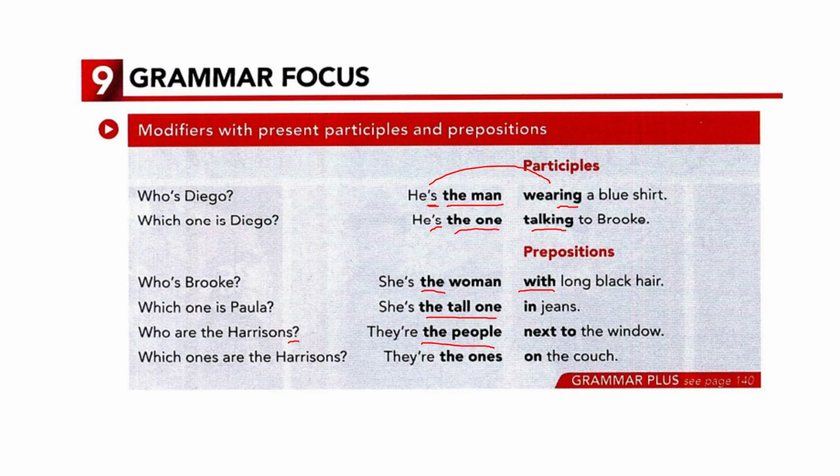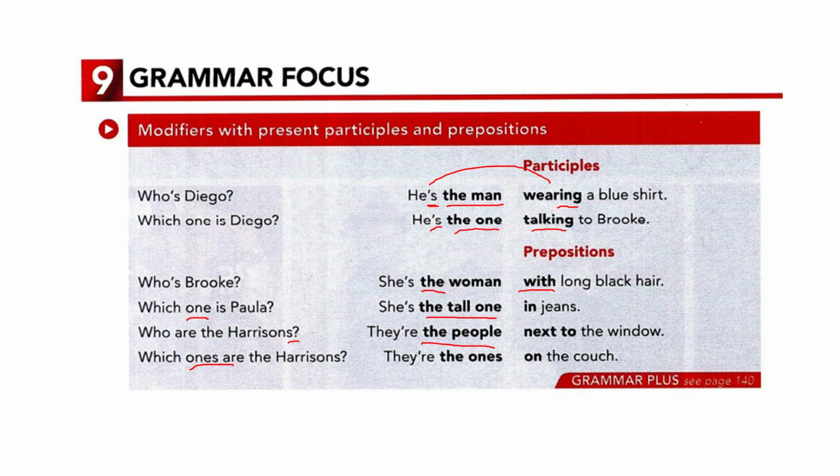Something else. As you can see, when I use the question which one or which ones, remember that one and ones are pronouns. We use one for singular and ones for plural. So if I use one in the question, I have to use one in the answer. She's the tall one. Which ones are the Harrisons?